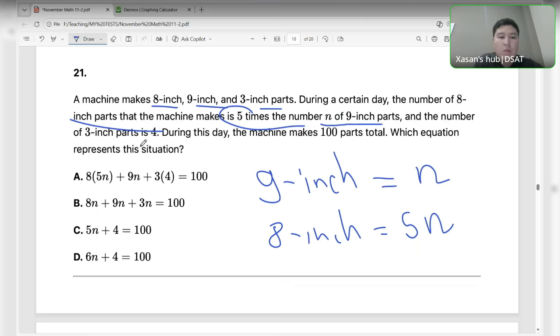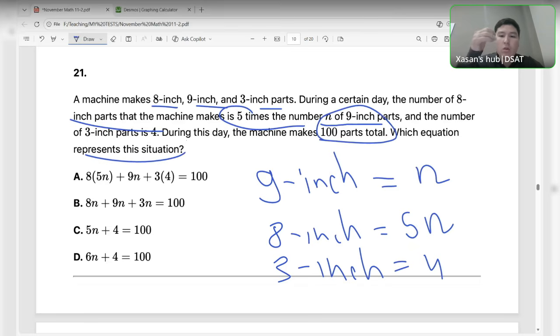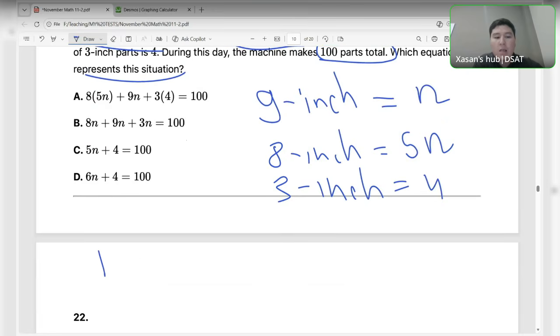And then 3-inch parts is 4. During this day, the machine makes 100 parts total. Which equation represents this situation? 100 is the total number of parts, so n plus 5n plus 4 equals 100. So the answer is D.